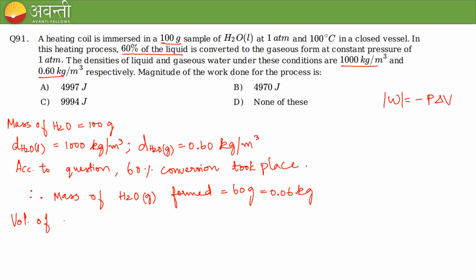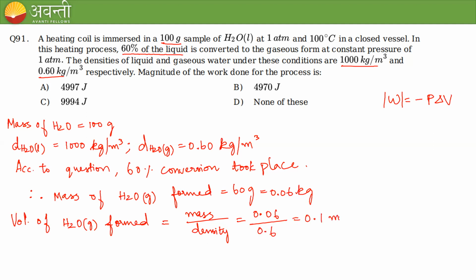Okay. Now the volume of the gaseous water formed, H2O in gaseous form, is equal to mass by density, because density is equal to mass by volume. To find the volume, we take the density to the other side. The given mass is 0.06, the density of the gaseous water is 0.6, and it is equal to 0.1 meter cube.